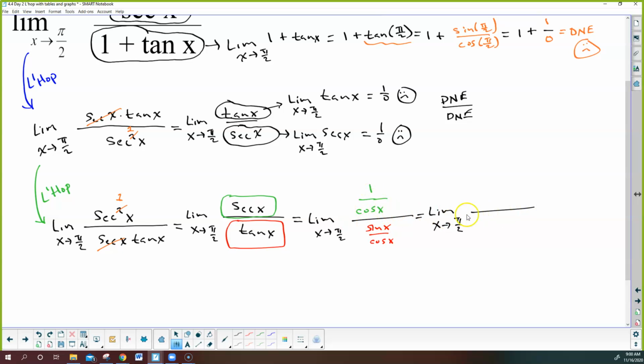And then here's the interesting piece. I have a fraction divided by a fraction. So I'm going to rewrite this as 1 over cosine. And then instead of dividing by sine over cosine, I'm going to multiply by the reciprocal.